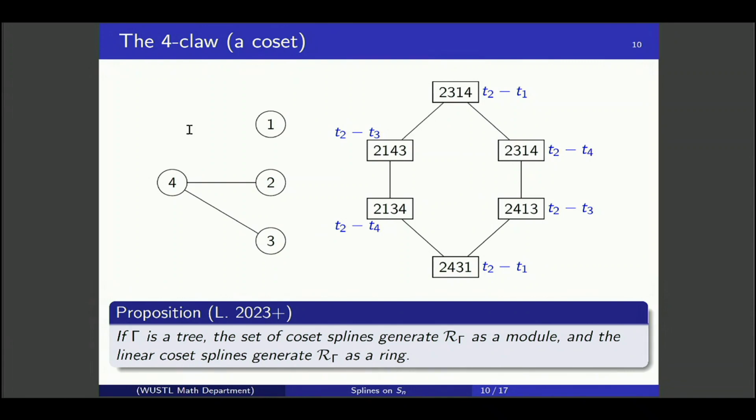That's at least the best way I know to try and find some sort of minimal generating set, which this is definitely not. This is way too big of a generating set to be minimal. But it is homogeneous.